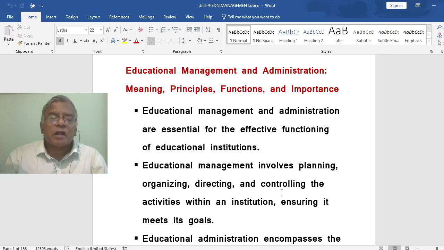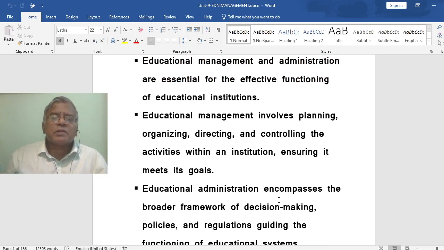Educational management and administration: meaning, principles, functions and importance. Educational management and administration are essential for the effective functioning of educational institutions. Educational management involves planning, organizing, directing and controlling the activities within an institution, ensuring it meets its goals.